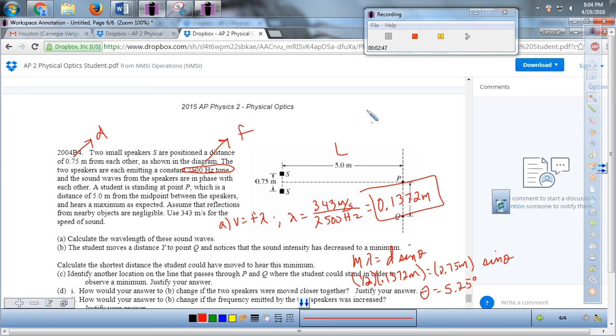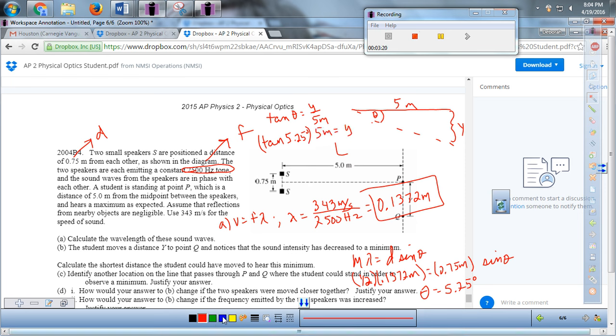So if I know that this is 5 meters, I'm looking for this distance from here to there. I'm going to call it y. And this is my theta. I can say that the tangent of theta is equal to y over 5 meters. So the tangent of 5.25 degrees times 5 meters should give me y.